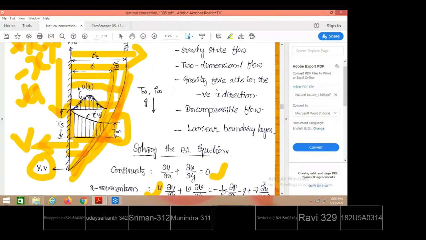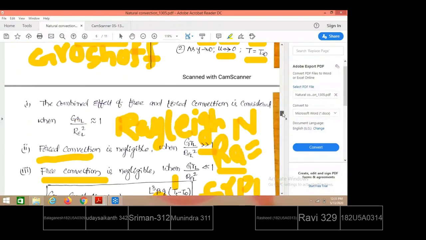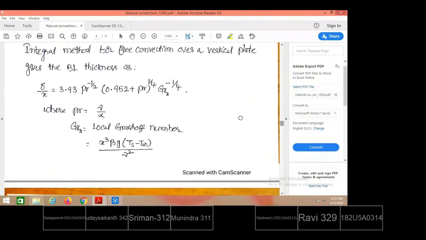To find the thickness of the boundary layer at any position, the equation to be used is already available in the data book. You need not remember it at all. This is the boundary layer at any position x along the vertical height.